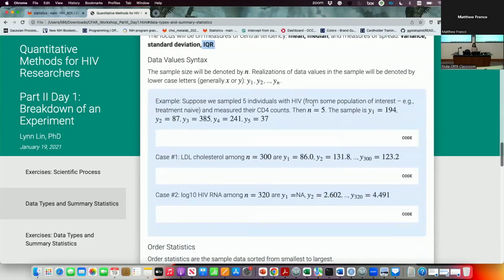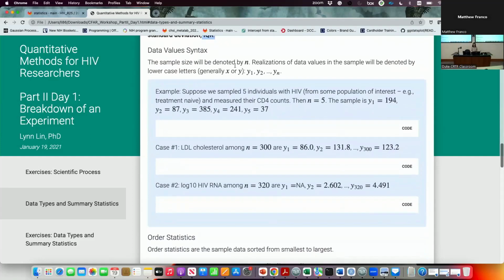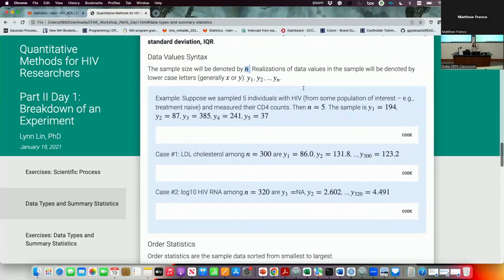Okay, so at least in this part, for the sample size people typically use small n to denote it. So, for example, if you have a sample size of 1,000 people, then you would say small n equals 1,000. So people know this is your sample size.